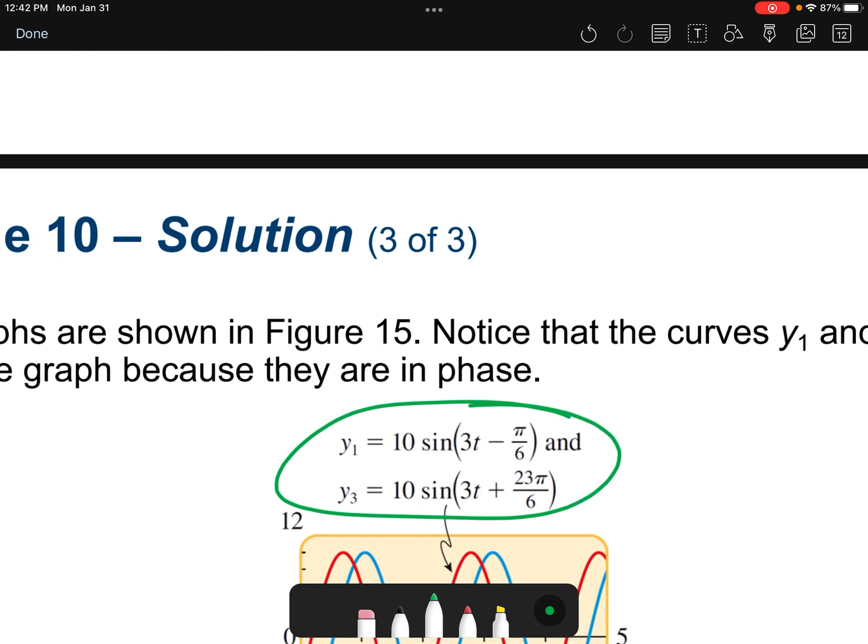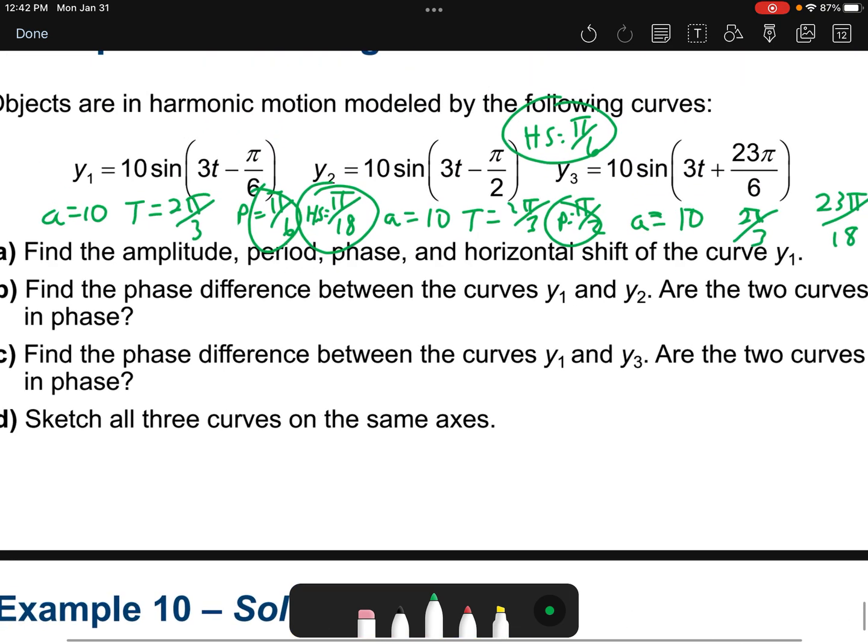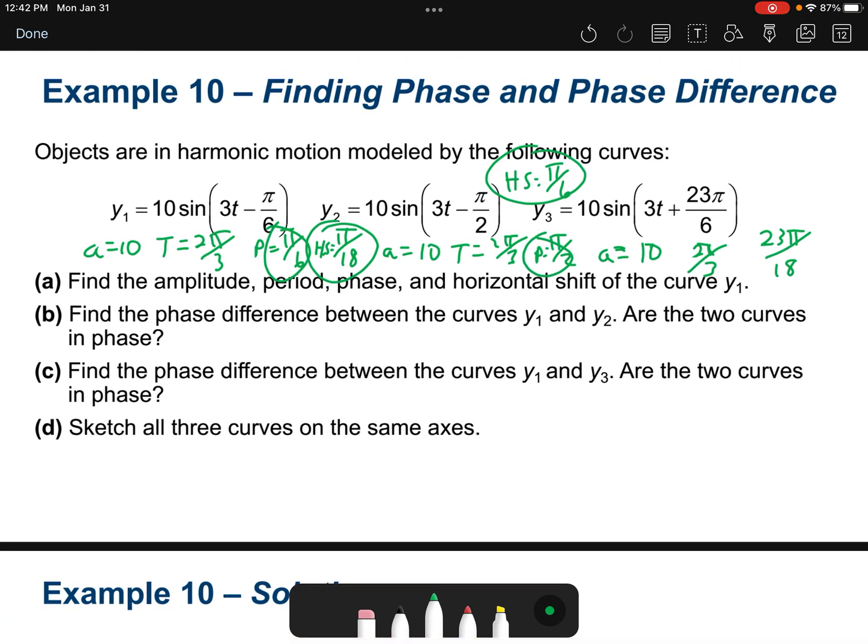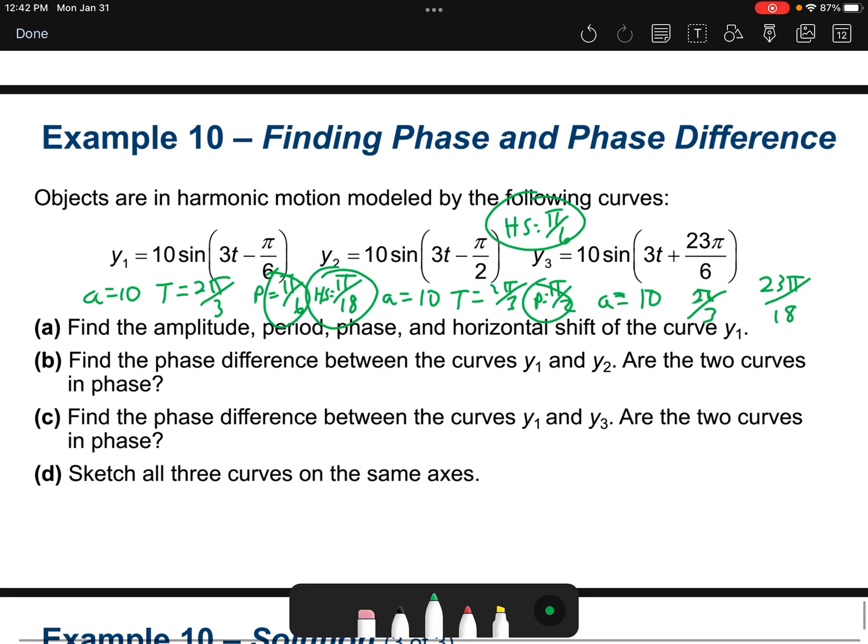right? That one ends up being the same graph because, let's see, the phase difference we would subtract. Now, I'm not concerned at all about the phase differences and things like that. But if we find the phase difference between the two curves, y1, y2, what did we get on y2?